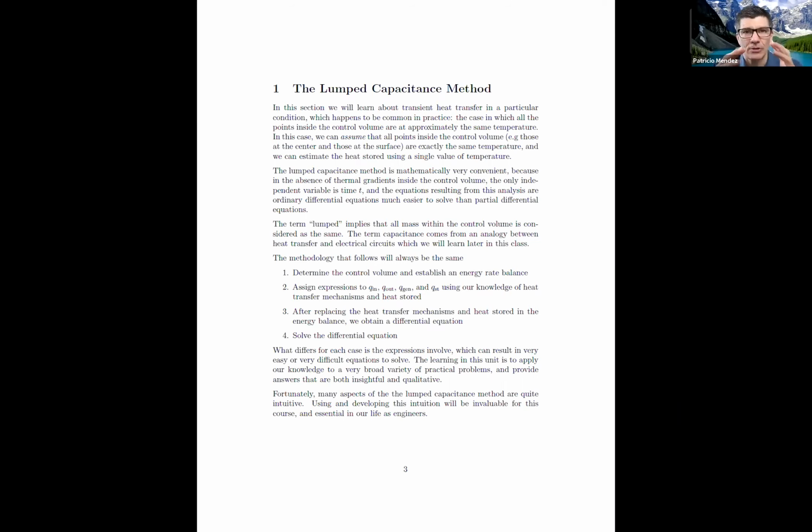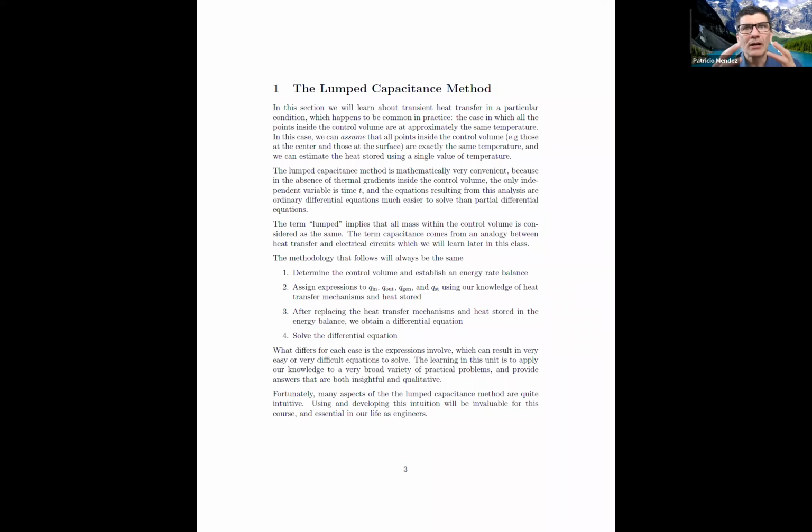In these calculations, the temperature of the body is a single number, T. Anywhere in there is T. And the mass times the specific heat times the temperature variations is going to give us the variations on the whole energy stored in this body.